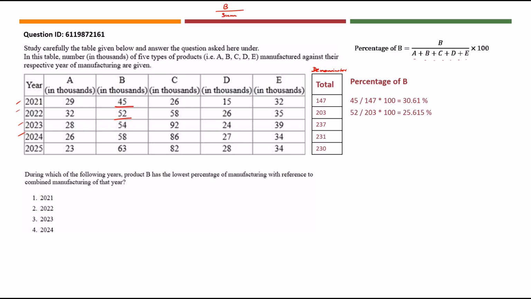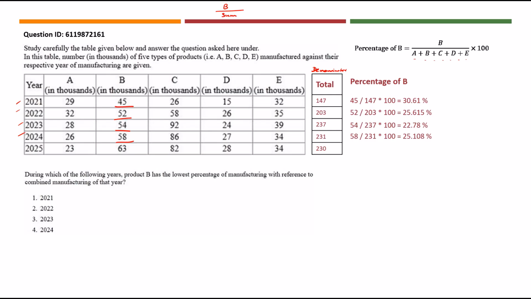It should be year specific. 52 by 203 into 100 will give you 25.615 percentage. For 2023, it is 54 divided by 237 into 100, which is equal to 22.78 percentage. For 2024, it is 58 divided by 231 into 100, which is equal to 25.108 percentage.